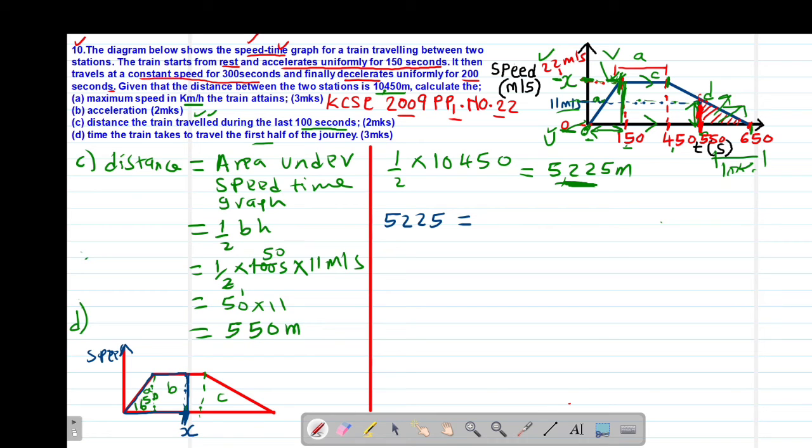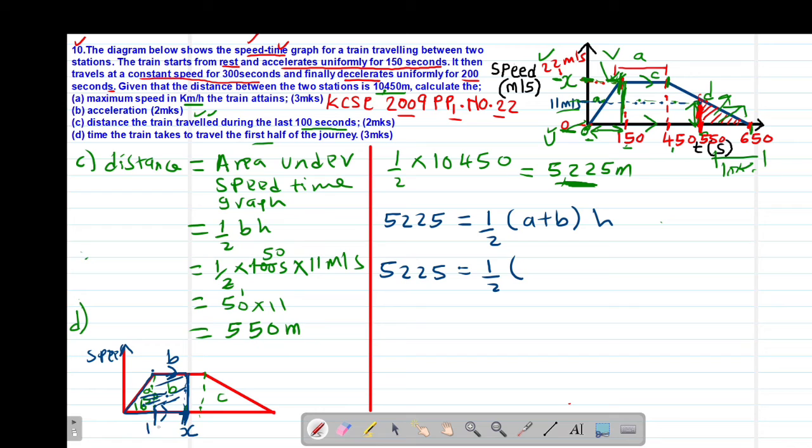This shape is actually a trapezium. So this should be equal to the area of the trapezium, which is a half into A plus B, then multiplied by height. So that means 5225 should be able to give us a half into A. A will be this particular parallel distance, then this will be our B. So our A will be, if this is X, it means this distance will be, remember here we had, this was 150.